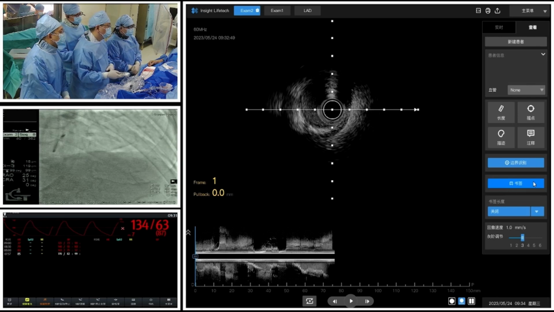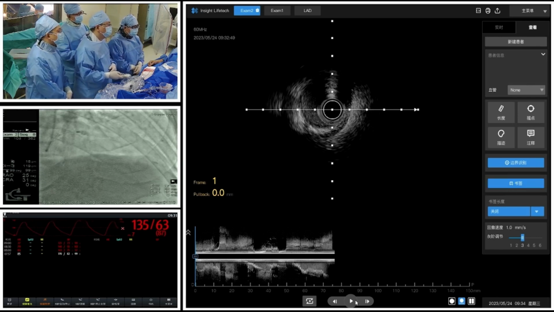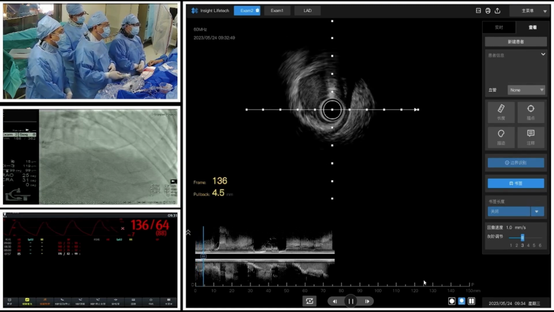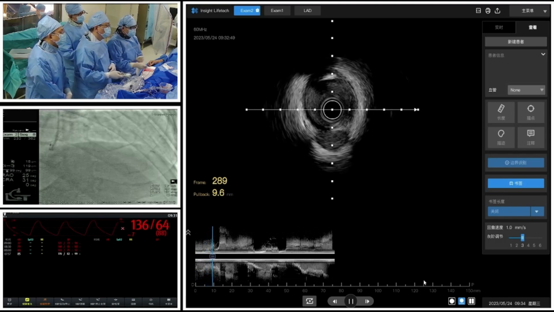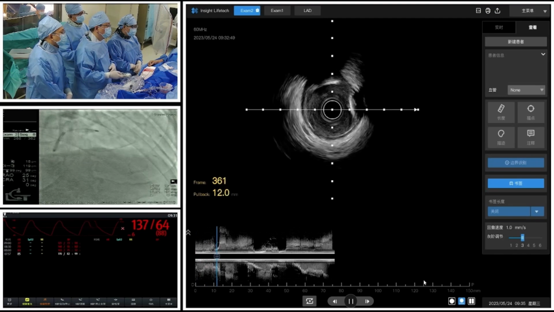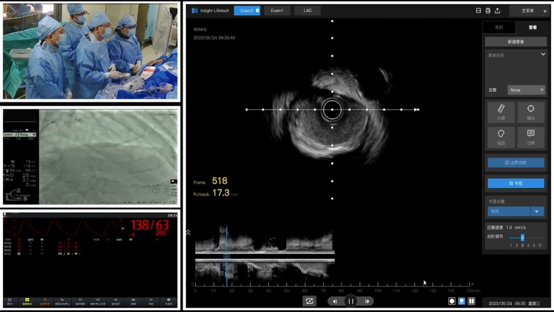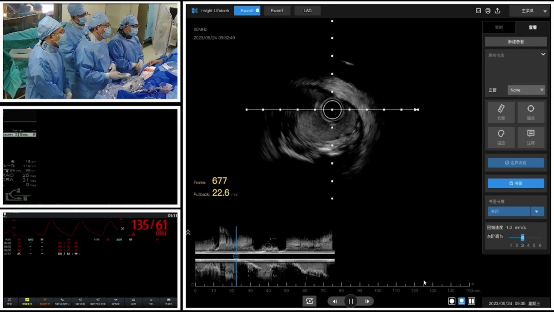Okay, this is the procedure. We select a 1.5 millimeter burr, and then the rotational atherectomy was successfully completed.